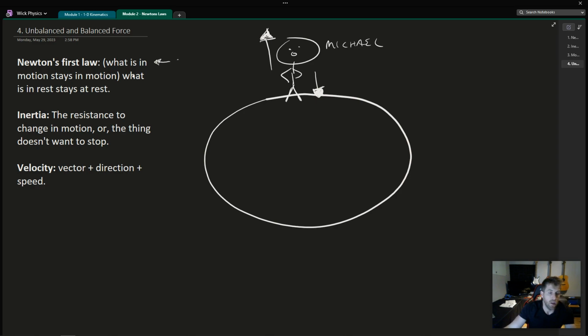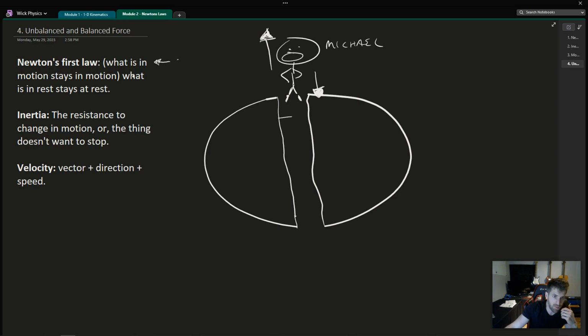Now, what if we cut a hole through our planet and there's no ground for Michael to stand on? This ground has just been deleted, and Michael's going to go for a little ride. What's interesting is that the planet doesn't actually crack in half, even though it's cut through, but it somehow stays put.